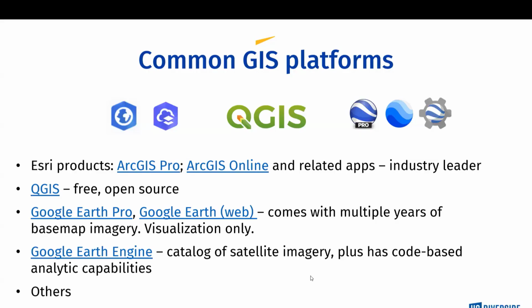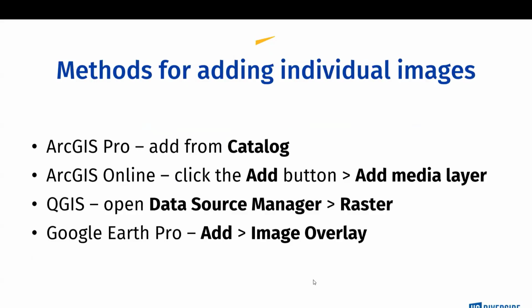And I'll just show you on the next slide, each of these has a totally different way for a user to add individual images to their GIS. This is nothing that you need to take notes on, but it's just to show you they're not using the same terms. They're not using the same method. Here QGIS talks about raster. This one talks about media layer.